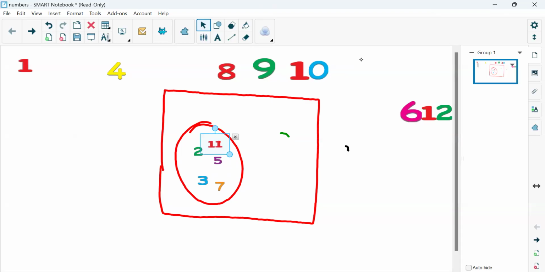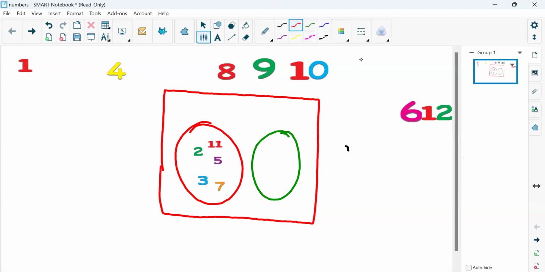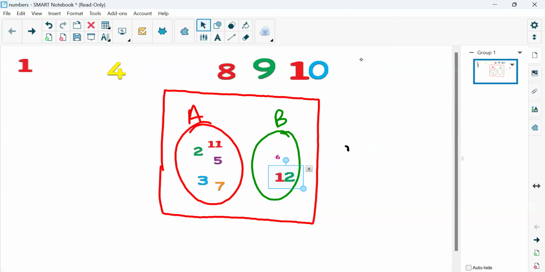So I'm going to make another circle for B. And then are there people from A that are also in B? No, there's no one. So here this one is A, and then we check the people that are supposed to be in B and put them there. So we have 6, and then we also have 12. There's no intersection.